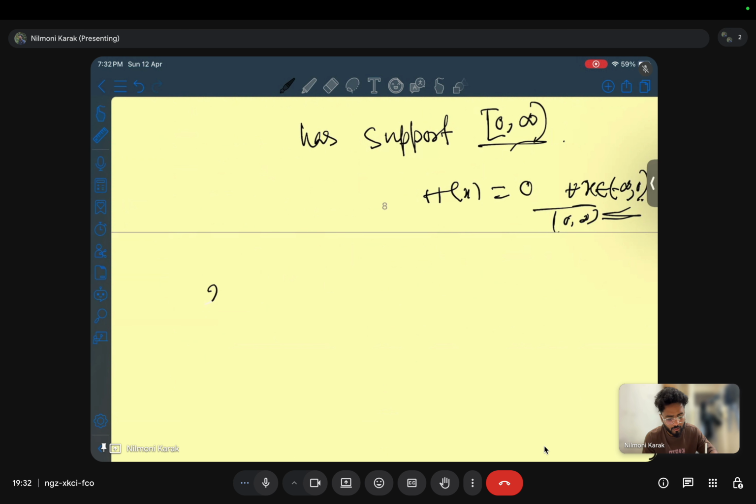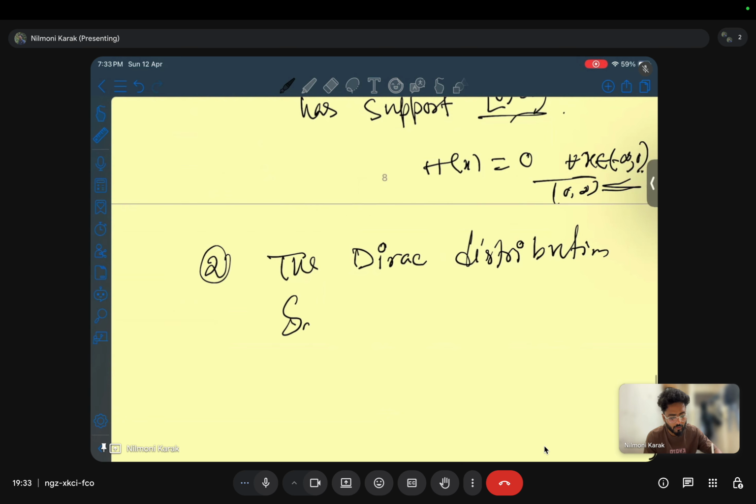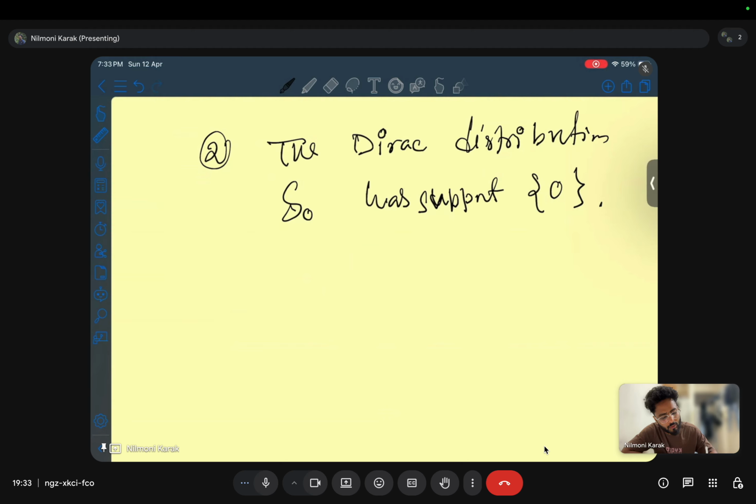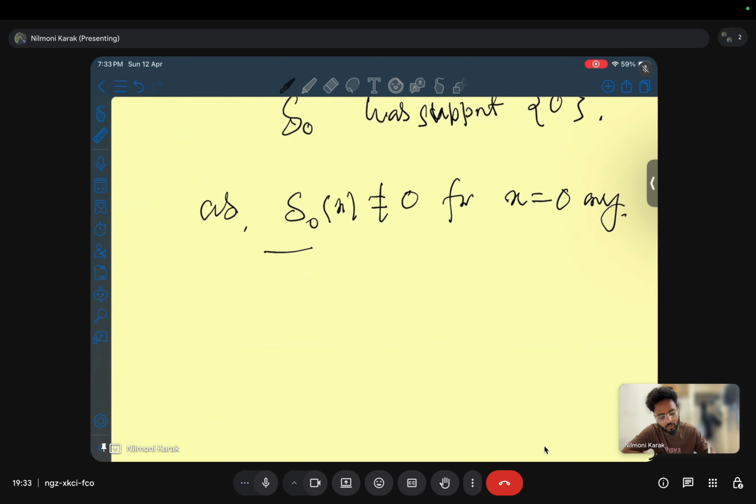The Dirac distribution delta naught has support {0}, because delta naught is nonzero for x equals 0 only, and the closure is the singleton 0, obviously.